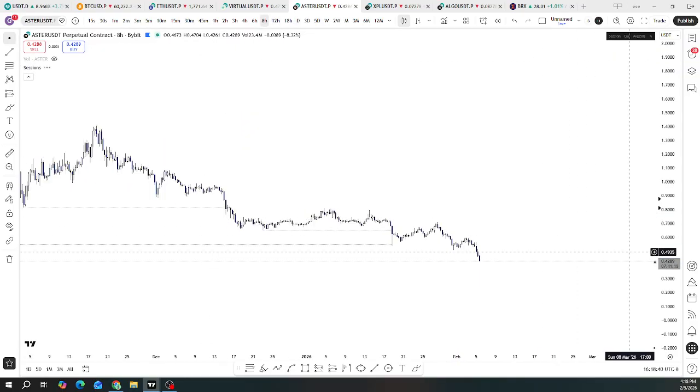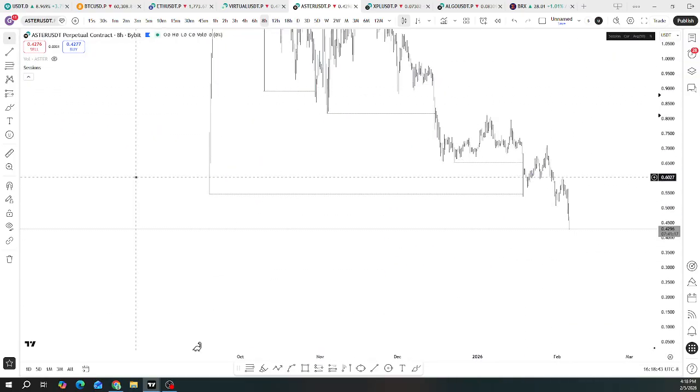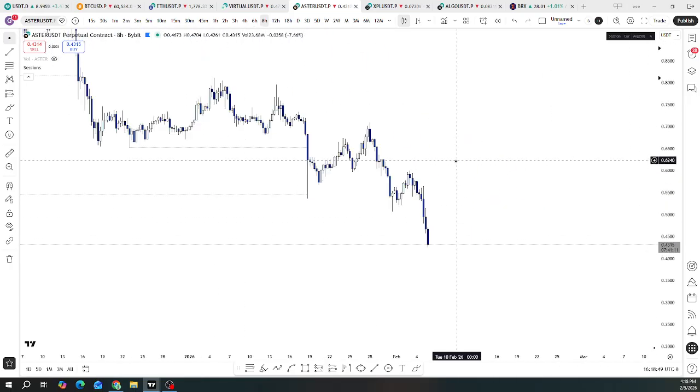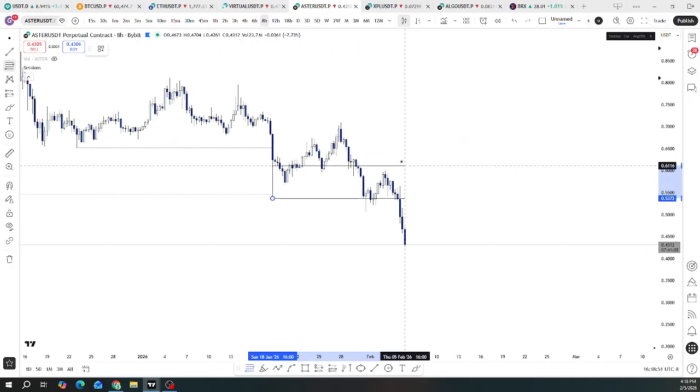Zooming in, we came down and took the perpetual contract launch date low, and we formed this range on that 6th rotation down.